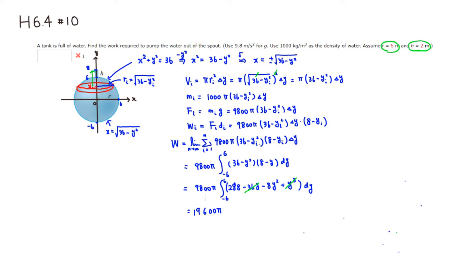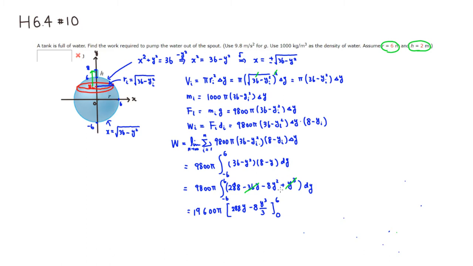All right, then we have the antiderivative of 288, which would be 288y, minus 8 times y cubed over 3. Then you're going from 0 to 6.